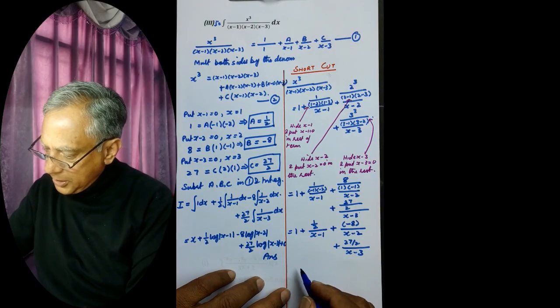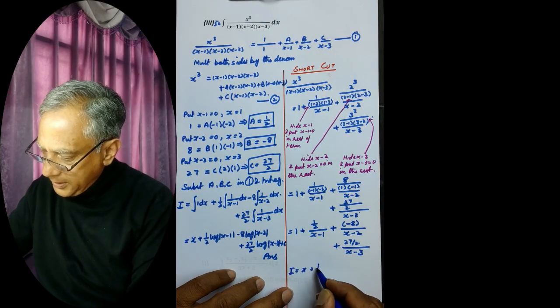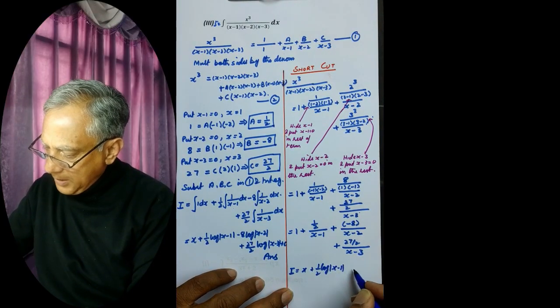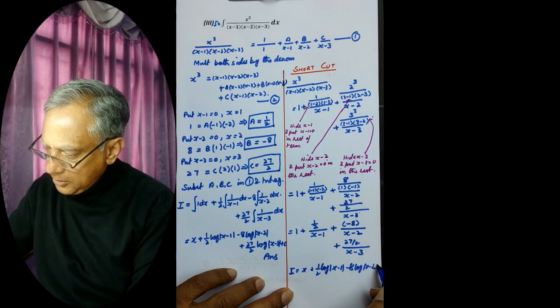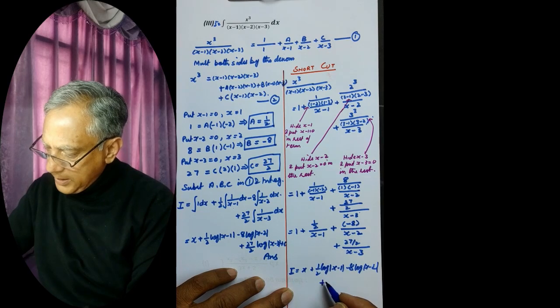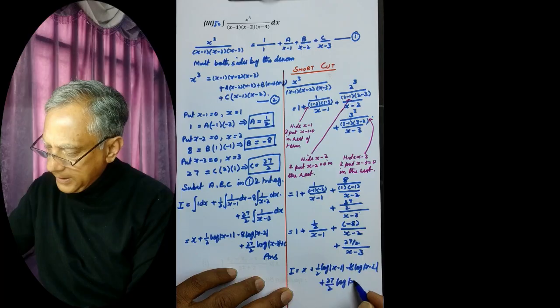On integration this gives I equal to x plus 1 by 2 log of x minus 1 minus 8 log of x minus 2, plus 27 by 2 log of x minus 3, plus C.